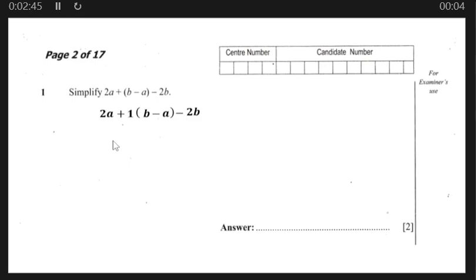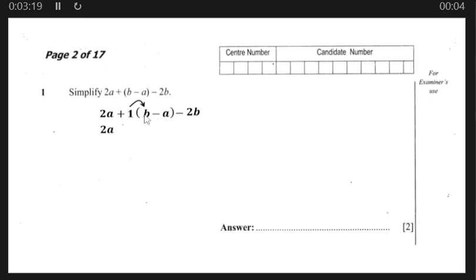Now in simplifying, we have to get rid of these brackets. First of all, we'll get 2a. Then to get rid of the bracket, we multiply the number before the brackets with everything inside the bracket. So this positive 1 must be multiplied with b and also with negative a.